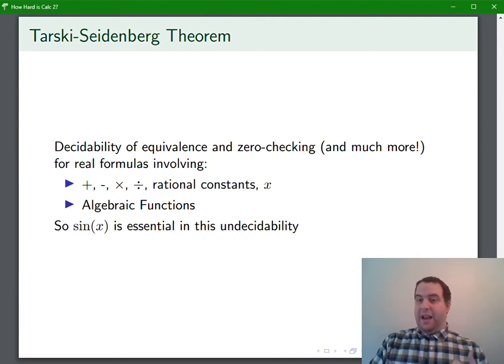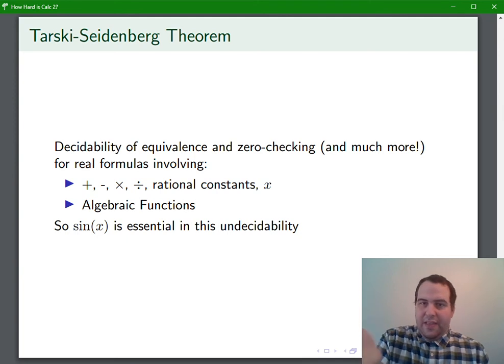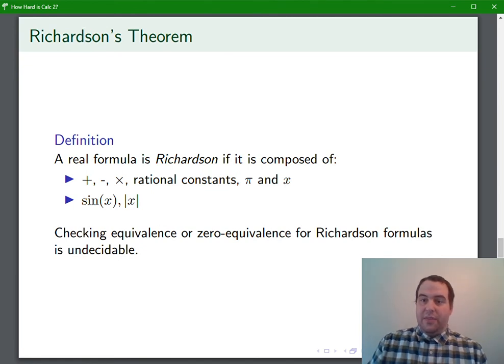So again, any of those functions that are implicitly defined, so you have some sort of polynomial relationship in x and y, and that implicitly defines y as a function of x. So the only real difference between this set of formulas that we have here and the formulas here that were undecidable, right?